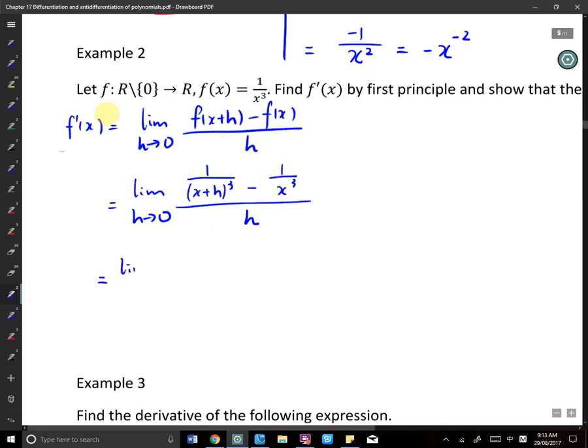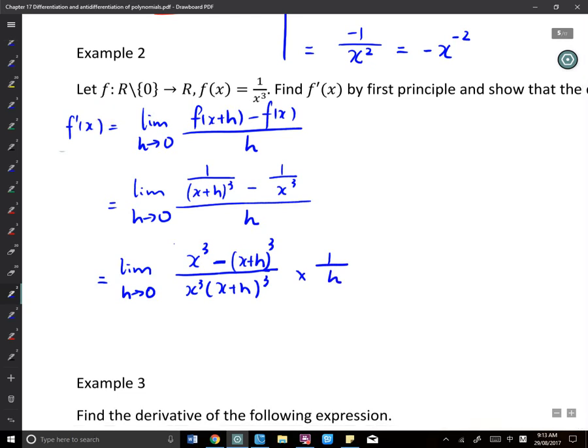And then the next step is all correct as well, because I showed you in the first example. The common denominator is x to the power of 3 times x plus h to the power of 3. This term needs to be multiplied by x to the power of 3, minus this term multiplied by that. And then you need to times 1 over h at the back as well, because you divide by h. Everyone got this step, okay?